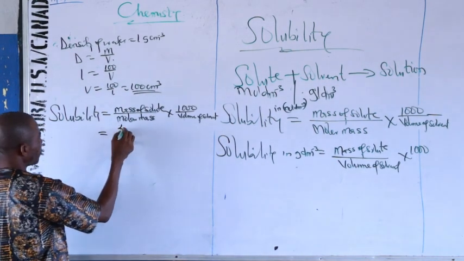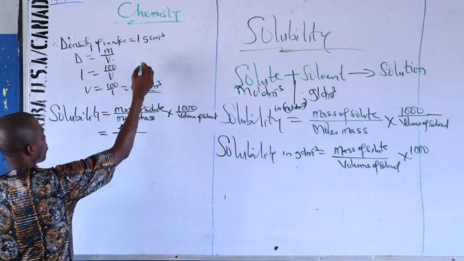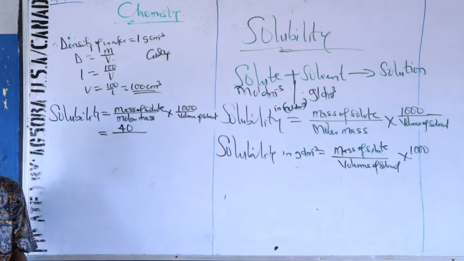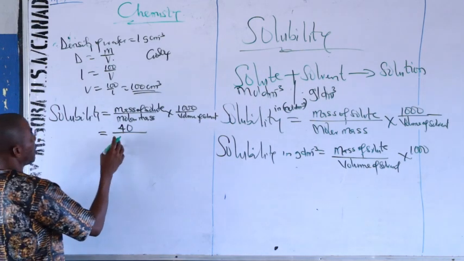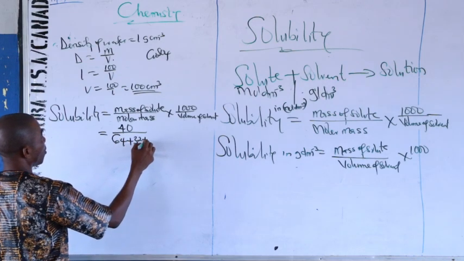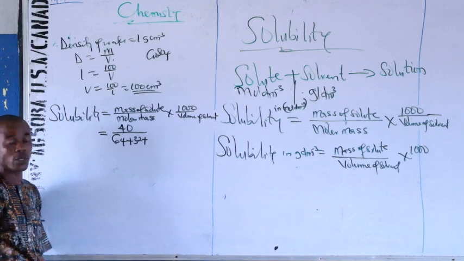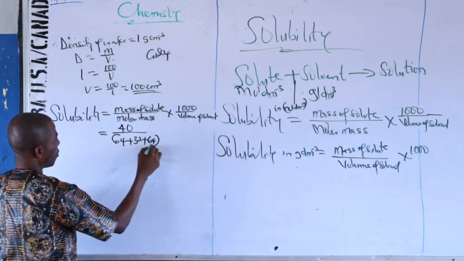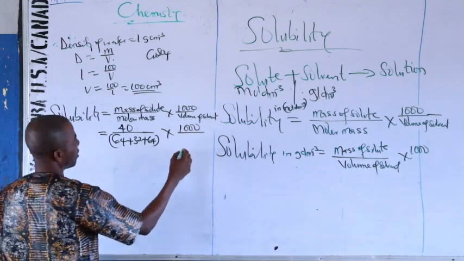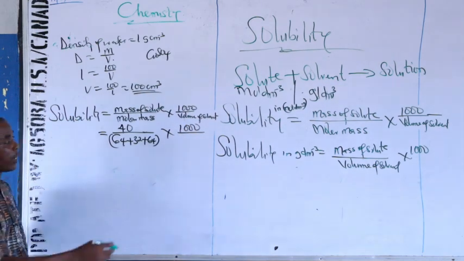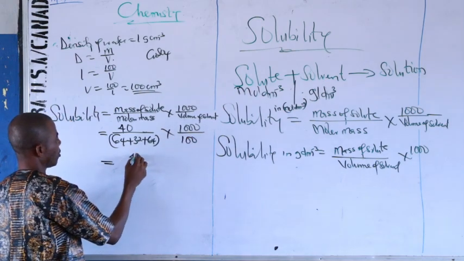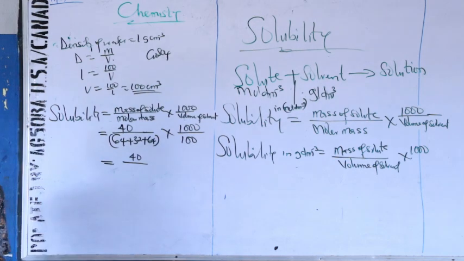We have to calculate the molar mass of the salt. The salt is CuSO4. That means we add the masses: 64 plus 32 plus 4 atoms of oxygen, which gives us 64, then times 1000 divided by the volume of the solvent, which is 100. This is 40 over 160.